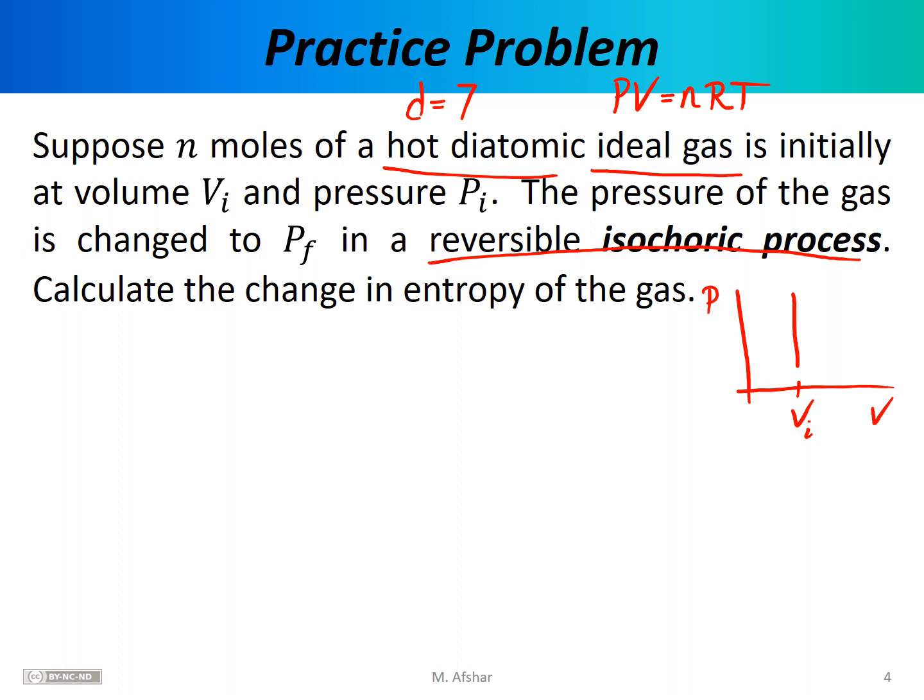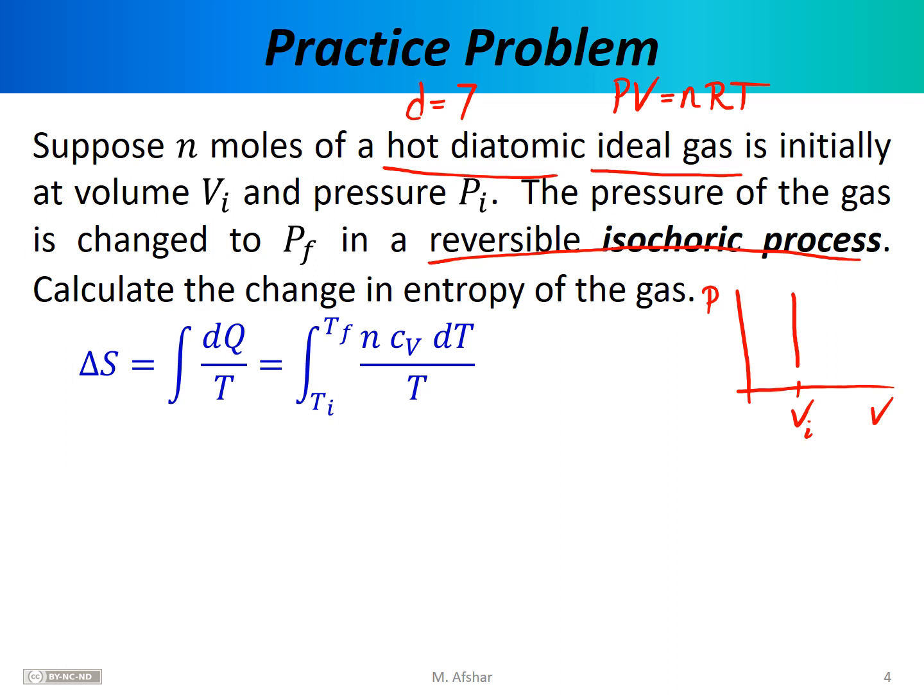We can now begin to calculate the entropy. We start with our expression for the change in entropy. The change in entropy is equal to the integral of dq over T. Now, this is not a phase change process. This is a temperature change process.